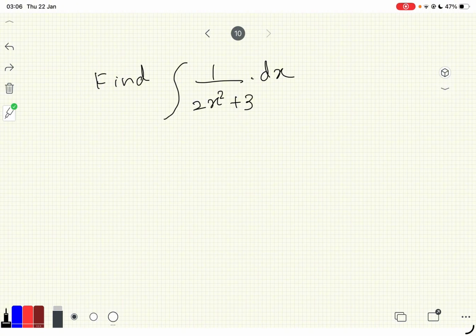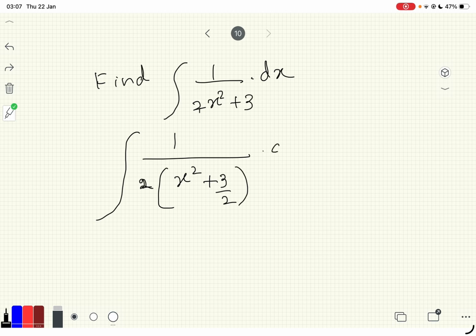First let me do some small manipulation here. To make it x squared plus constant form, let me factorize, let me get the 2 out. It would be 1 over 2 times x squared plus 3 by 2, dx. Now this is x squared plus constant form.